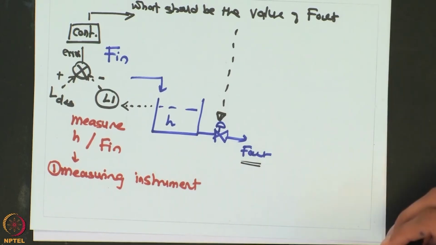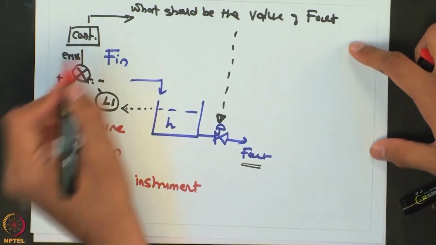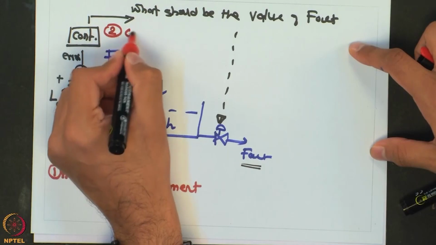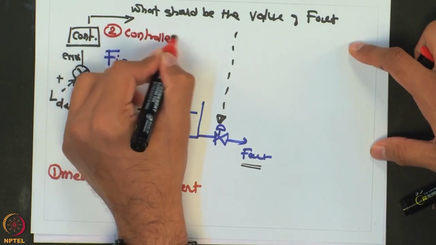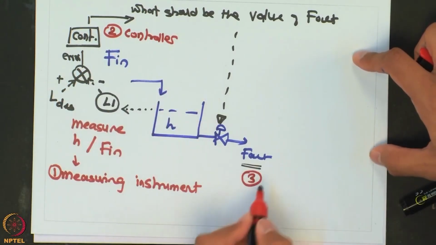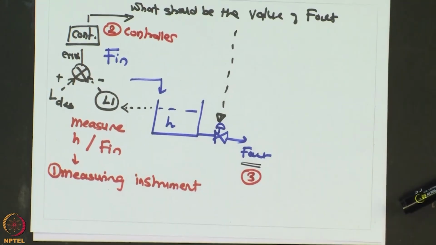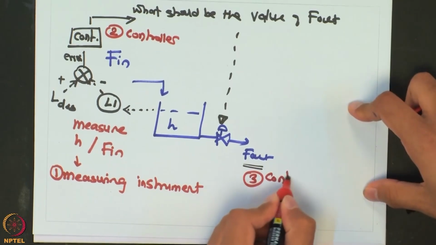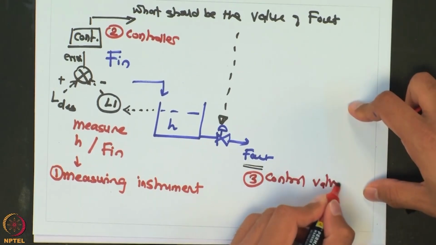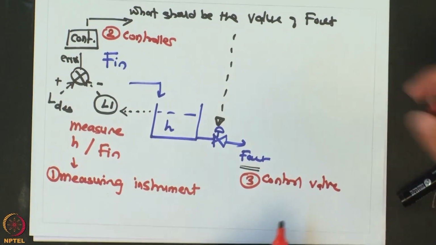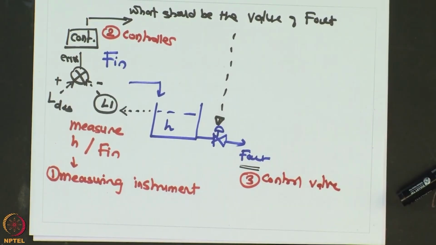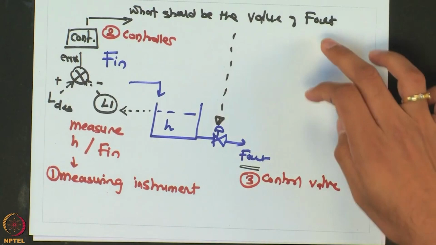So, the second piece of hardware was the controller, and the third thing is the control valve, which is going to implement the action given by the controller.